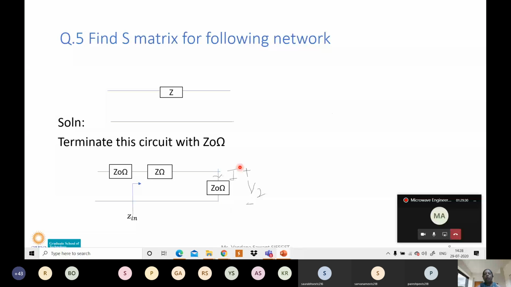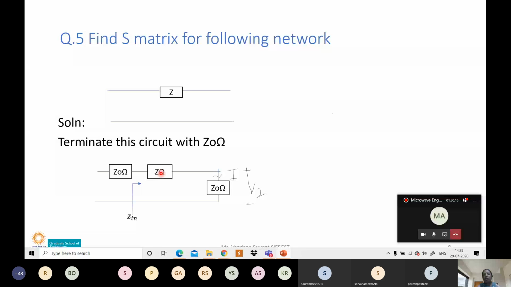Similarly, the input impedance looking from this side of the circuit will be Zin. To write S11, we require Zin. What will be Zin? Looking from this side, you have two impedances, Z and Z0, connected in series.